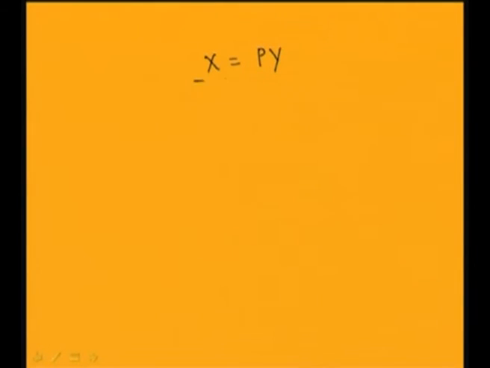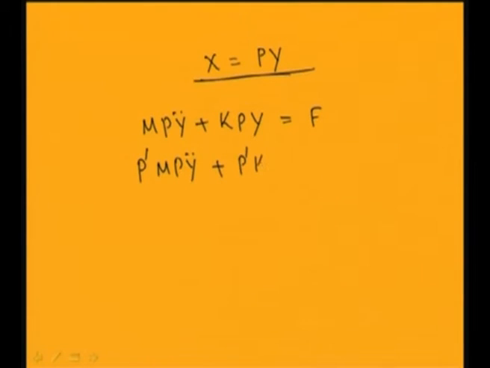If I am using this modal matrix P, then I can write M P y double dot plus K P y equal to f. Now I can pre-multiply by P transpose. So P transpose M P y double dot plus P transpose K P y equal to P transpose f, and this is a diagonal matrix and this is a diagonal matrix also.